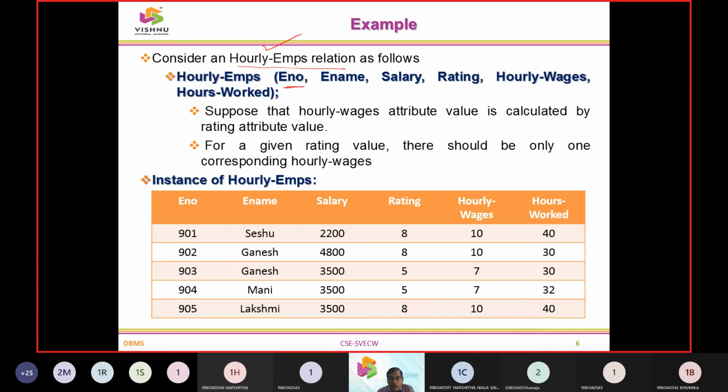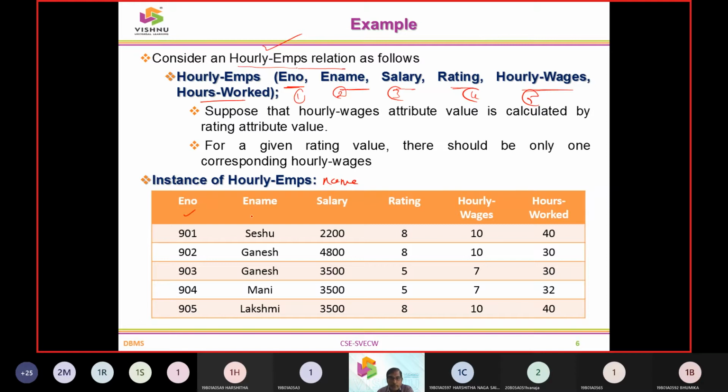In hourly employees, we have employee number, name, salary, rating, hourly wages, and hourly work. So there are 5 fields. The name of the table is hourly employees.